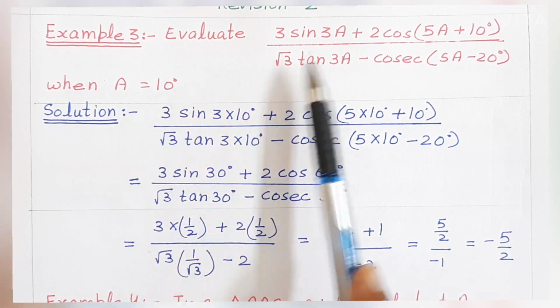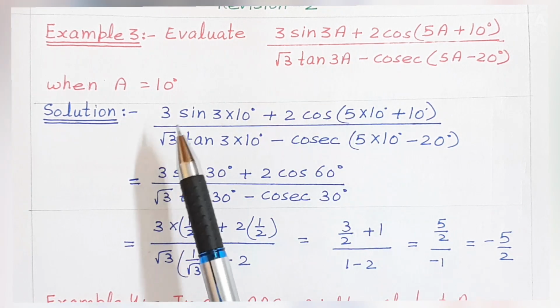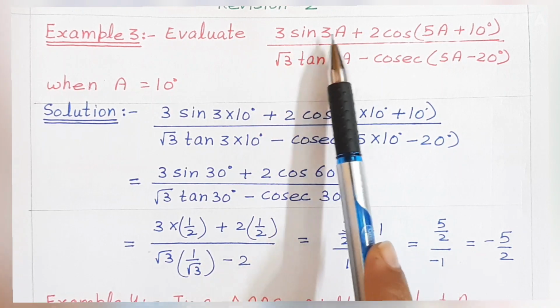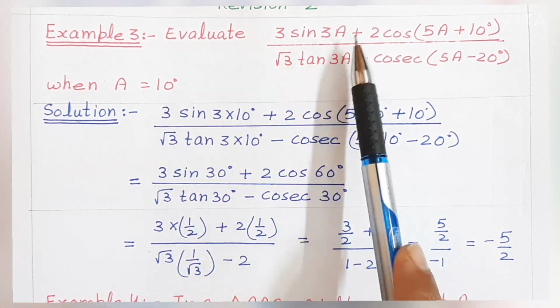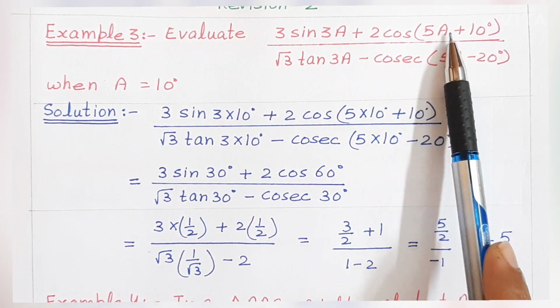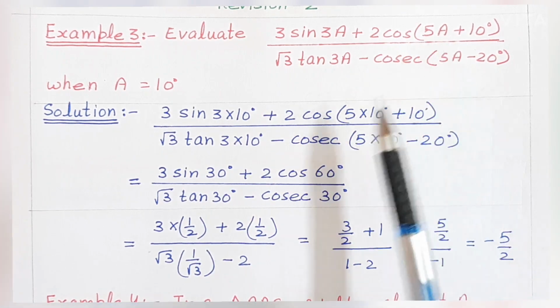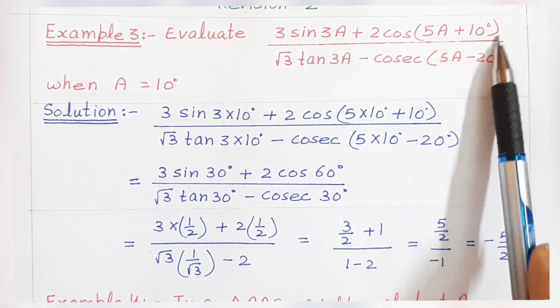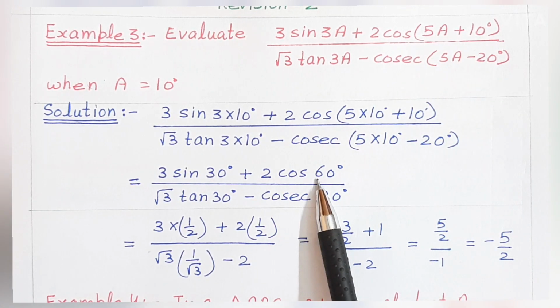Now let us substitute the values. 3 sine 3a. Now a is 10. So 3 into 10 is 30 degree. Then 5a. 5 into 10 is 50 degree. So 50 plus 10 will become 60 degree.